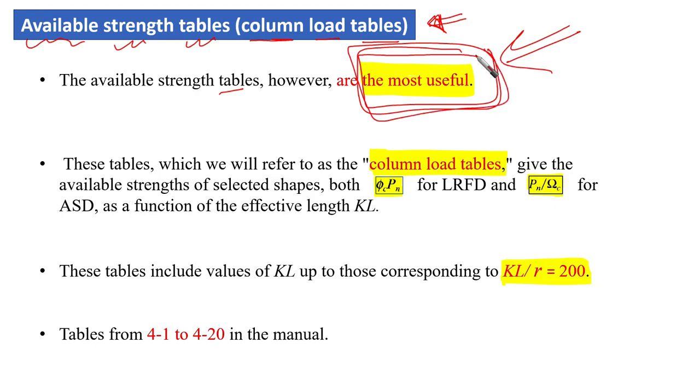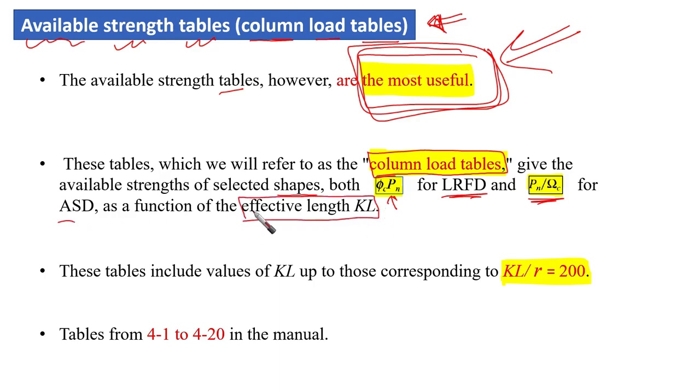These tables, which we refer to as column load tables, provide the available strengths of selected shapes, which is phi c Pn, the nominal strength times the strength reduction factor, for LRFD, or the allowable strength Pn over omega c for ASD, as a function of the effective length.